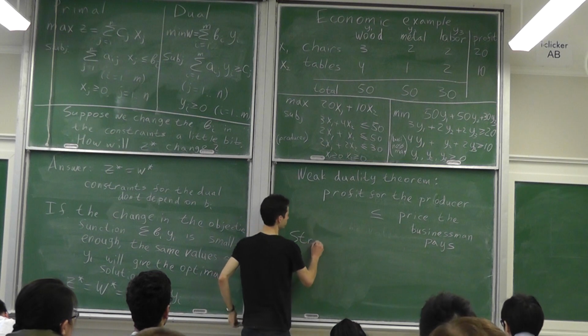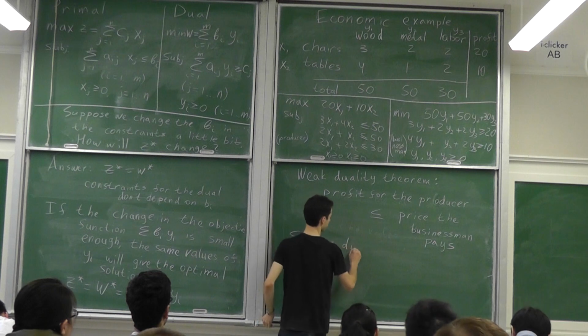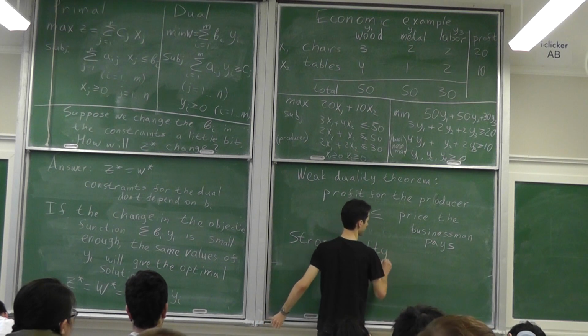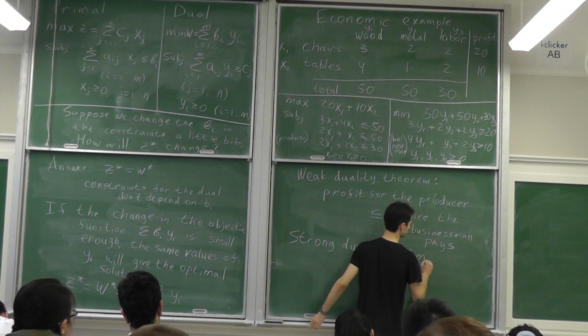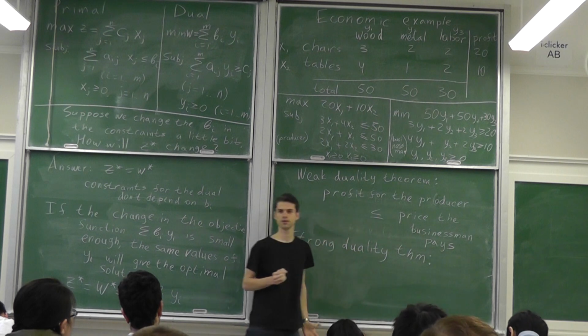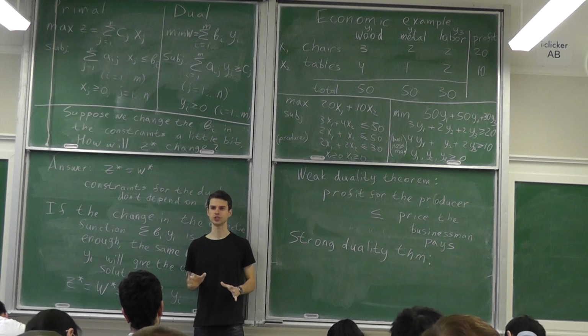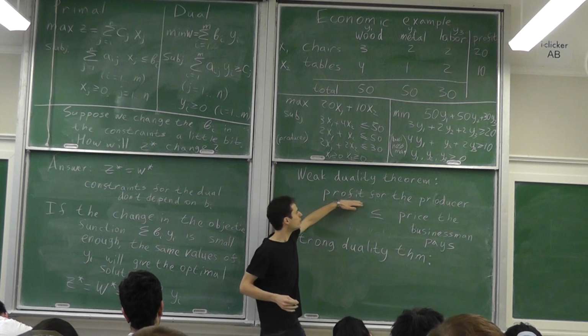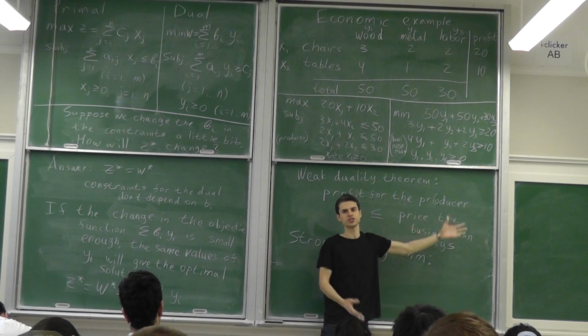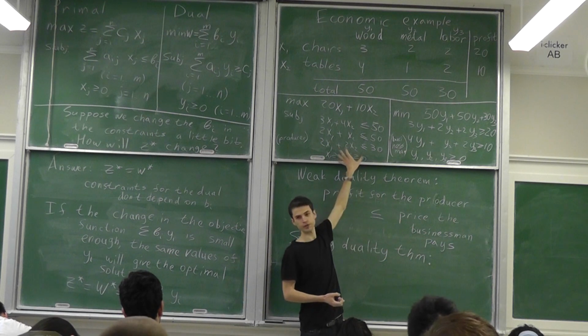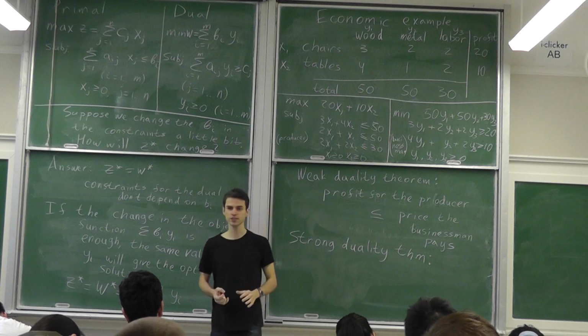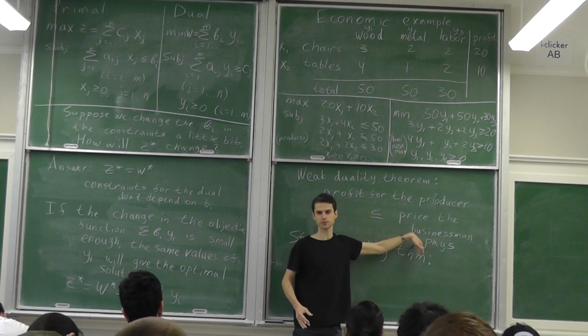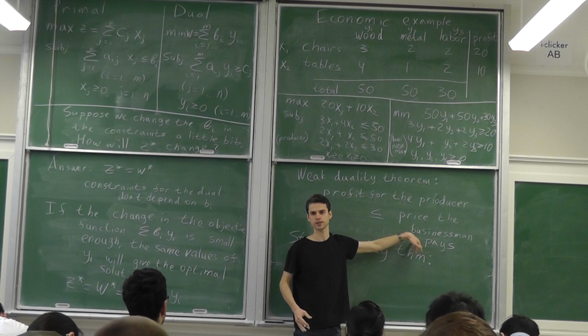The strong duality theorem tells you something about efficiency. It tells you that the largest profit that you can extract out of this factory, of this production line, is in fact exactly equal to the smallest price for which you will be able to sell.